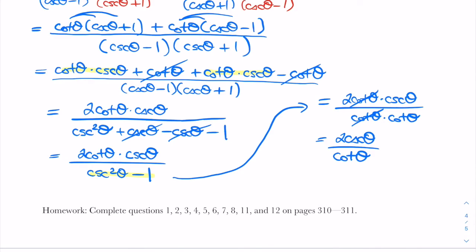Recall that cosecant theta is just 1 over sine, and cotangent theta is the reciprocal of tan. So we can write this as 2 times 1 over sine theta divided by cotangent theta, which is just sine over cos.